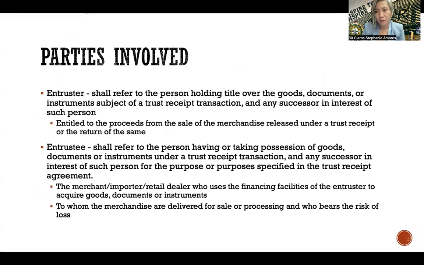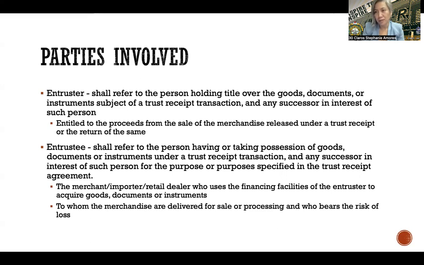Okay, so parties involved, again, they are the entrustor and the entrustee. So the entrustor is the one in whose favor the trust receipt is constituted. So this refers to the person who holds title over the goods, documents, or instruments, and includes any successor in interest of the entrustor.